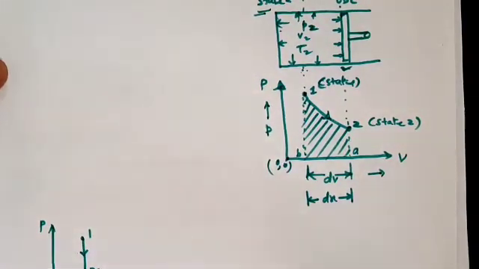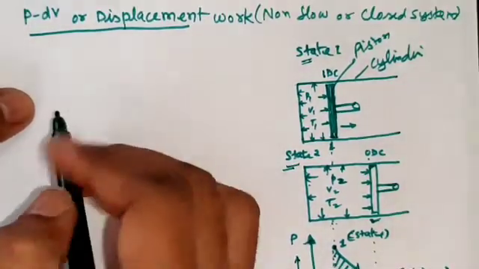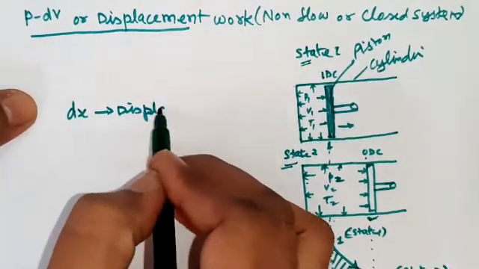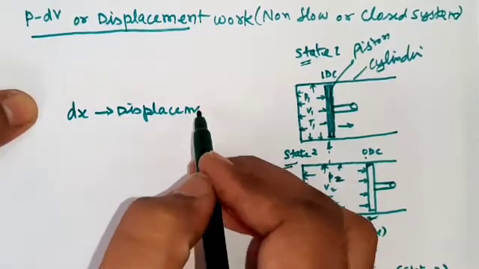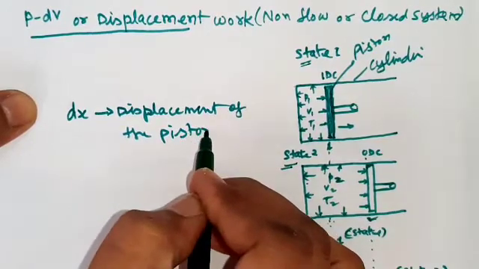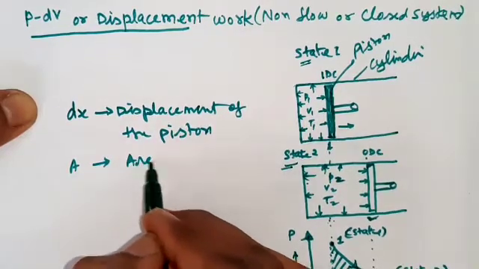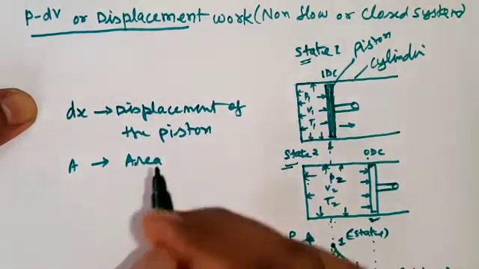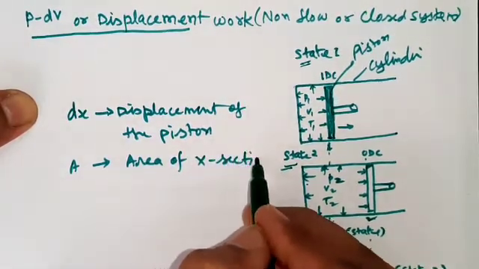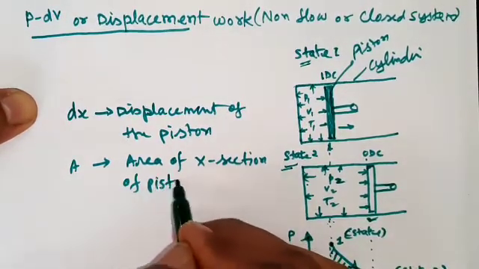Okay, and here dx is the displacement of the piston, and A is the area of cross section of the piston.